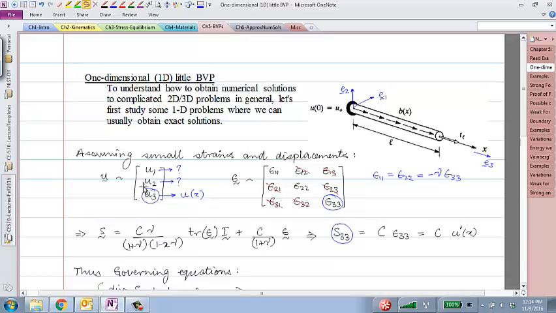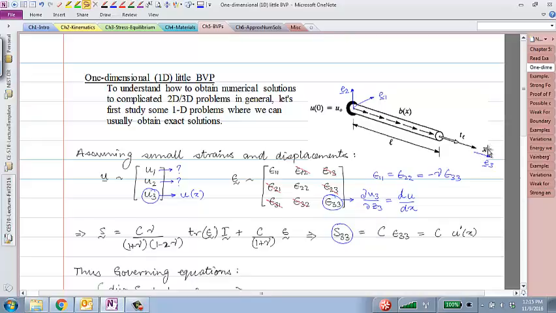So this E33 is equal to partial U3 partial Z3. I've already replaced U3 with U and Z3 with X. So this is equal to, I'll write total strain now, du dx, because I'm not worried about the other dimensions. I'm just writing it as a single variable problem.